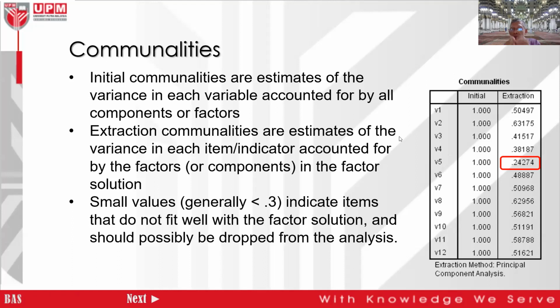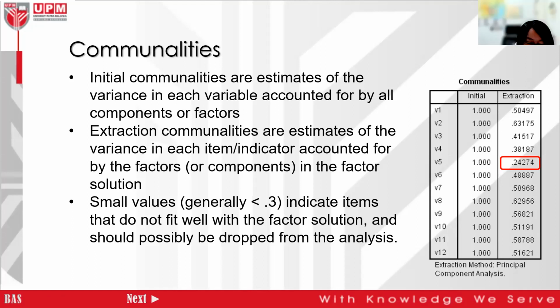What is important here is, based on the communalities for extraction, we add these values together to get the total, and divide by the number of items. So how many items do we have in our analysis? 12, right?